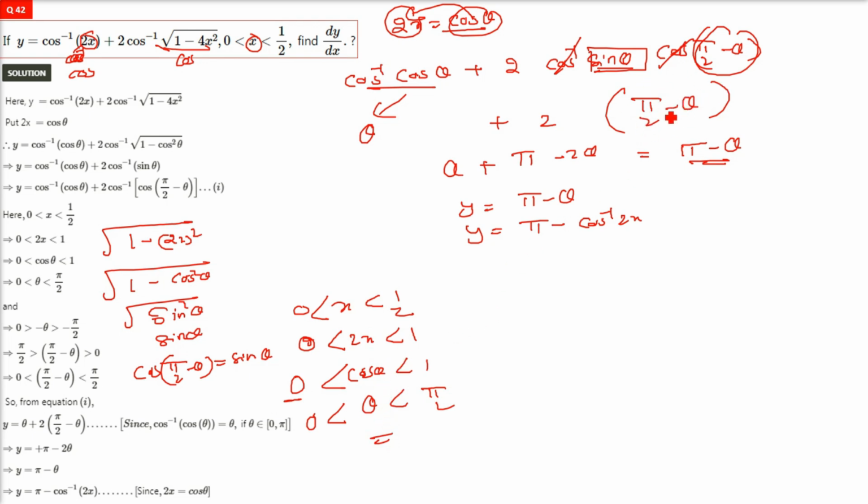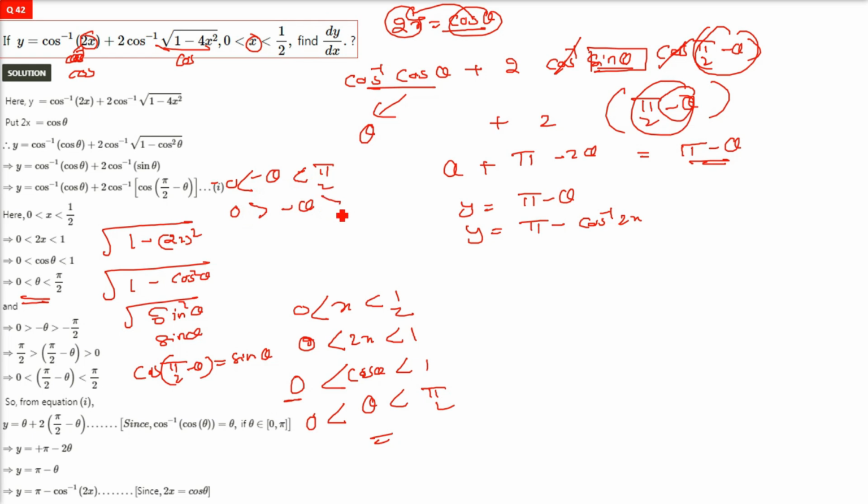Now pi by 2 minus theta. So when you have minus theta, we'll use just this result, because theta is between 0 and pi by 2. When theta is between 0 and pi by 2, let me write it here. 0 is between 0 and pi by 2, inside we have theta. Now you need pi by 2 minus theta. So let us multiply everywhere with negative 1. So all the inequality will change.